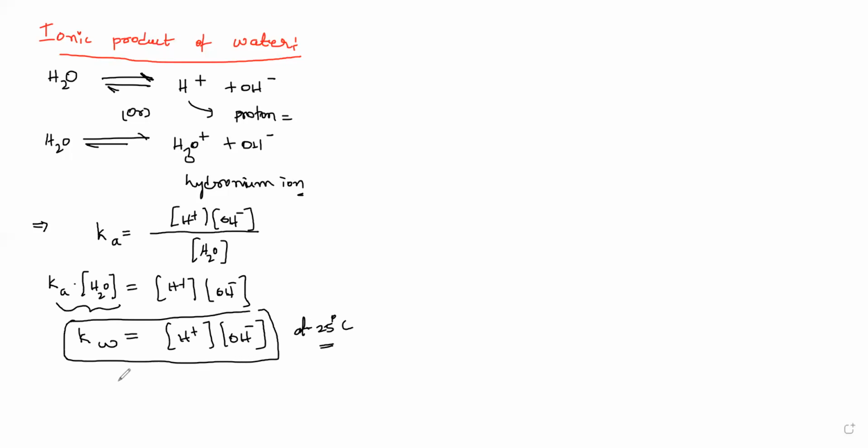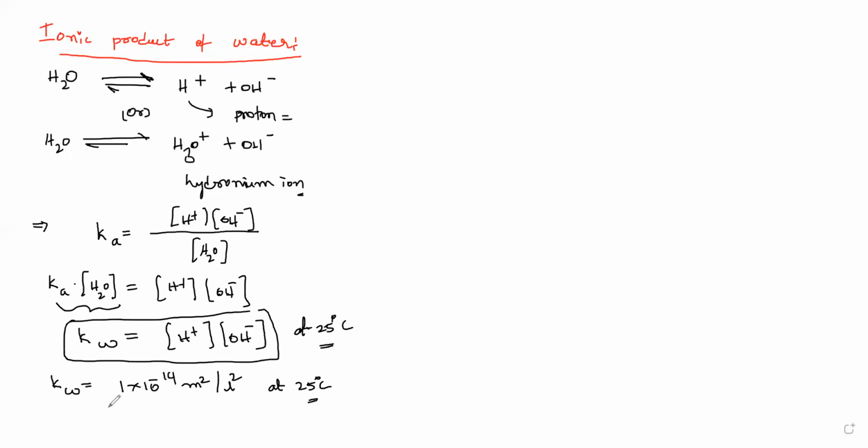The ionic product of water is practically 1 into 10 to the power of minus 14 mole squared per liter squared at 25 degrees centigrade. So remember this temperature.